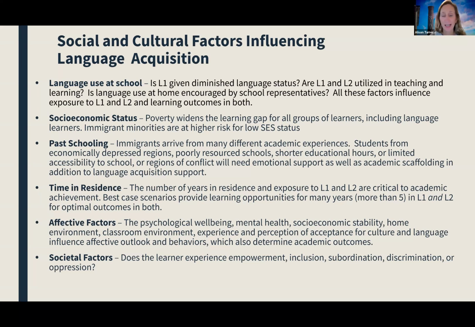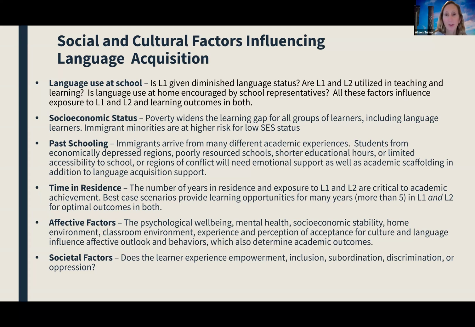Student socioeconomic status, we know, has a large impact on learners, right? And here in the United States, immigrant minorities and also abroad are at higher risk for a lower socioeconomic status. Past schooling. It is common to encounter students who have had gaps in their formal education.